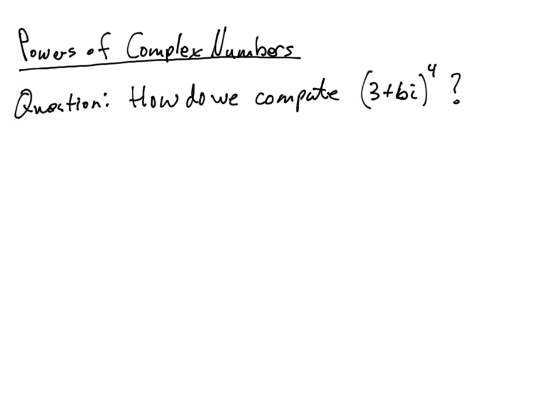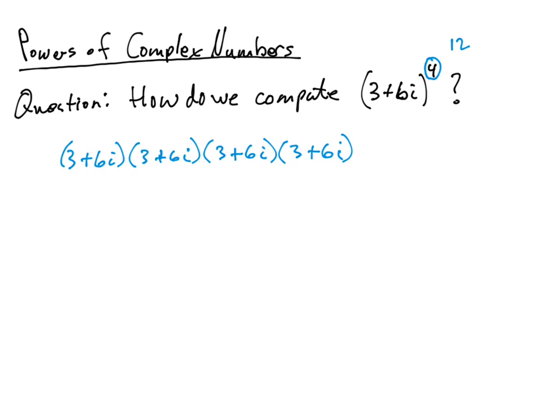Moving on from basic multiplication and division, let's see how we can perform a few other computations when we have complex numbers. The first of which is, how do we compute something like 3 plus 6i raised to the 4th power? Well, if something's raised to the 4th power, that just means it's getting multiplied by itself 4 times. So conceivably, we could carry out this multiplication. While this would not be very difficult, probably pretty tedious, and this is only when we're raised to the 4th.